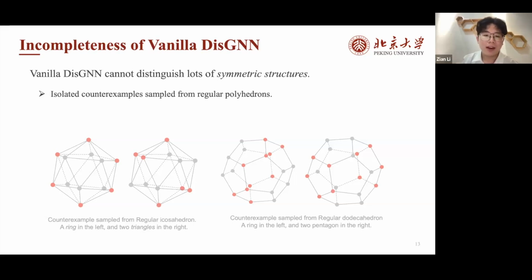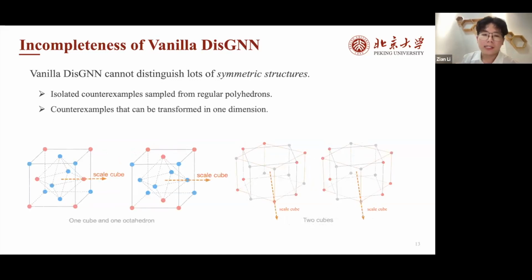You can see they are completely different, but they cannot be distinguished by vanilla DisGNN. On the right, there is also, for example, a ring on the left and 2 pentagons on the right. They are very symmetric and cannot be distinguished. However, because they are sampled, there are only a finite number of such counterexamples.